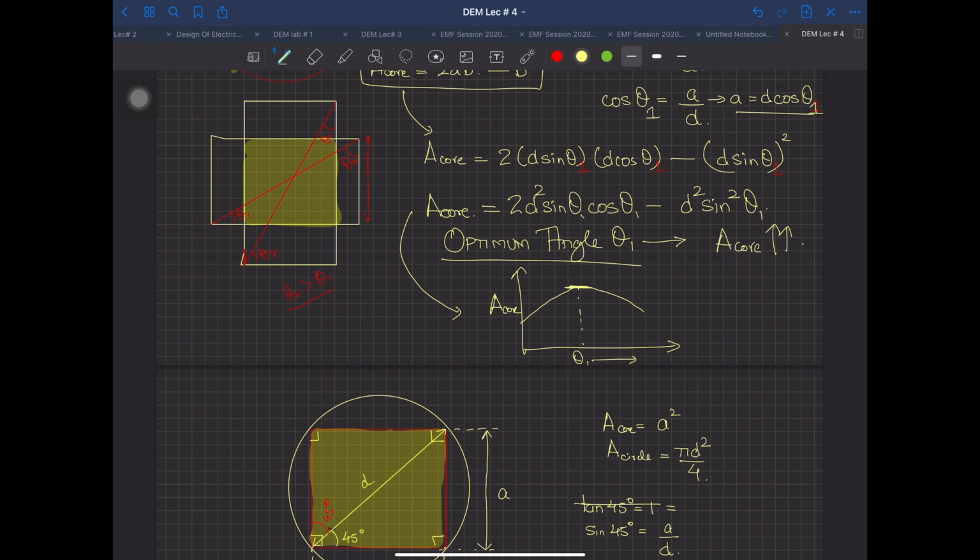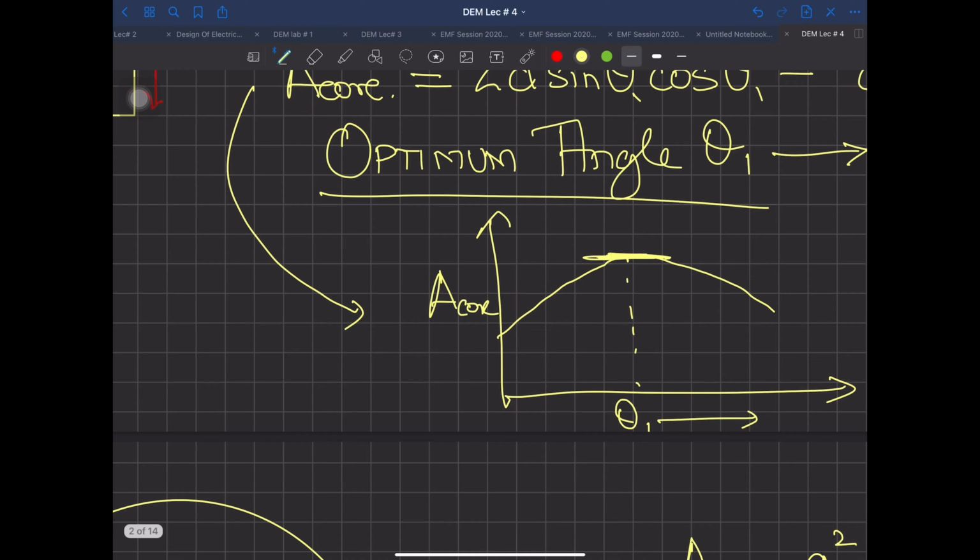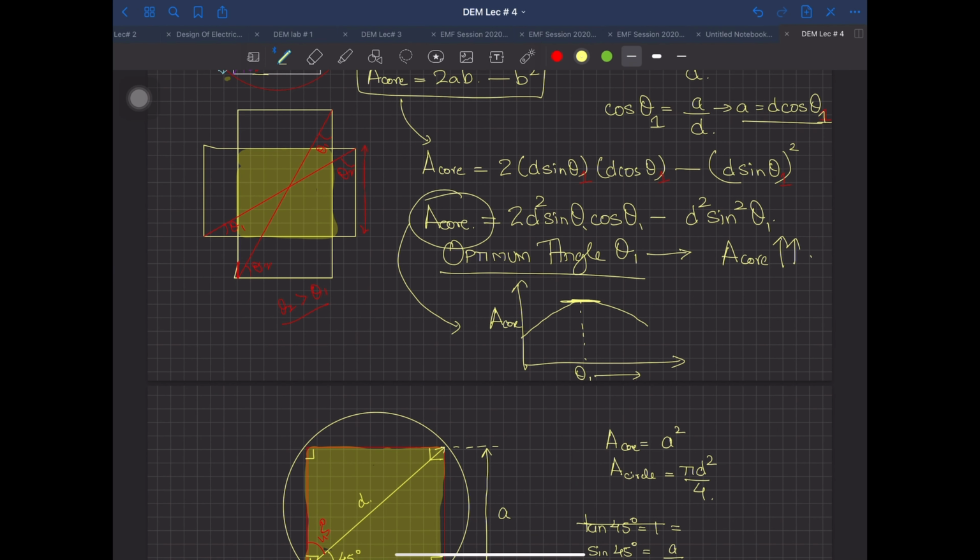You have the equation in front of you. You have to find where its slope is zero, and that slope 0 point is this point. So you are going to take the derivative of this relation with respect to theta 1.